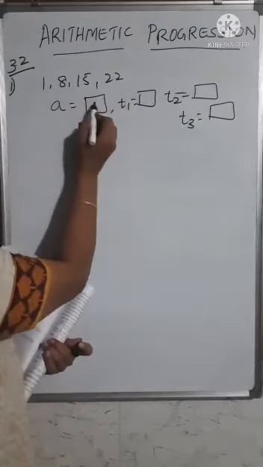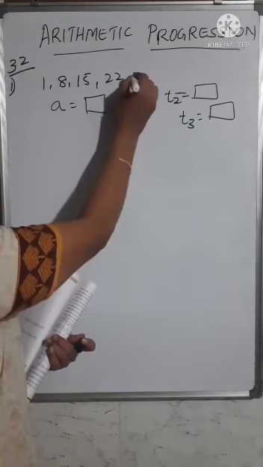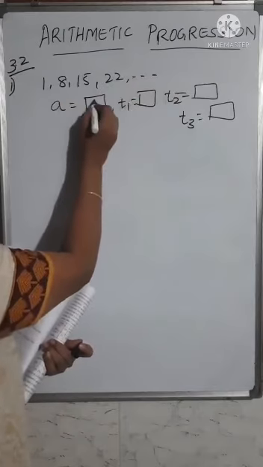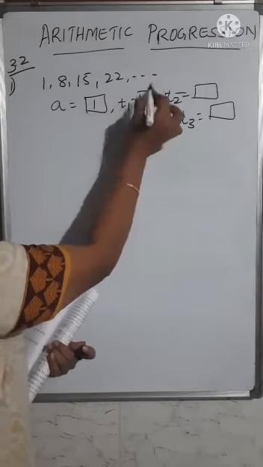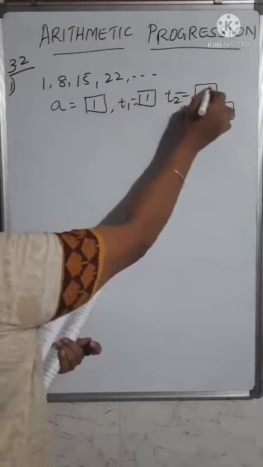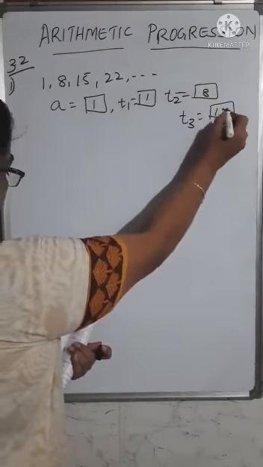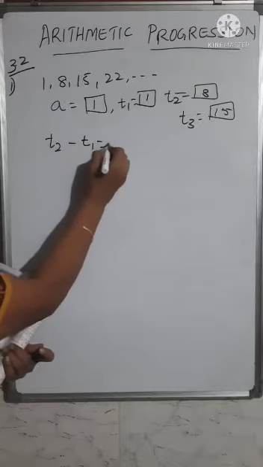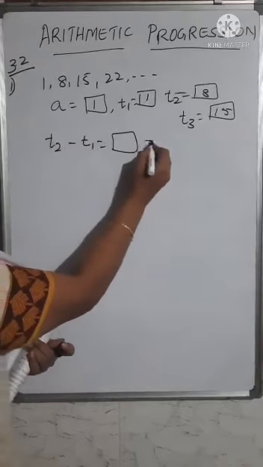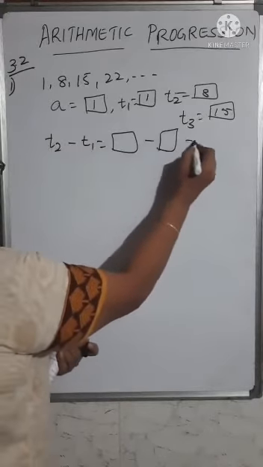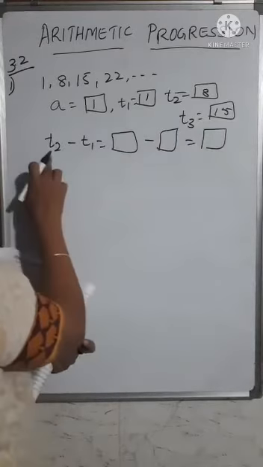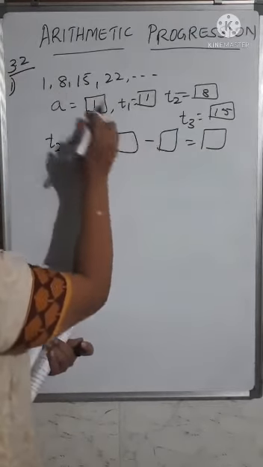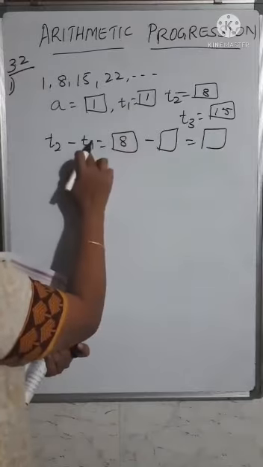A is the first term. The first term is 1. T1 is also the first term, so you write 1. T2 is 8. T3 is 15. So you fill the boxes. Next is T2 minus T1, which is 8 minus T1.